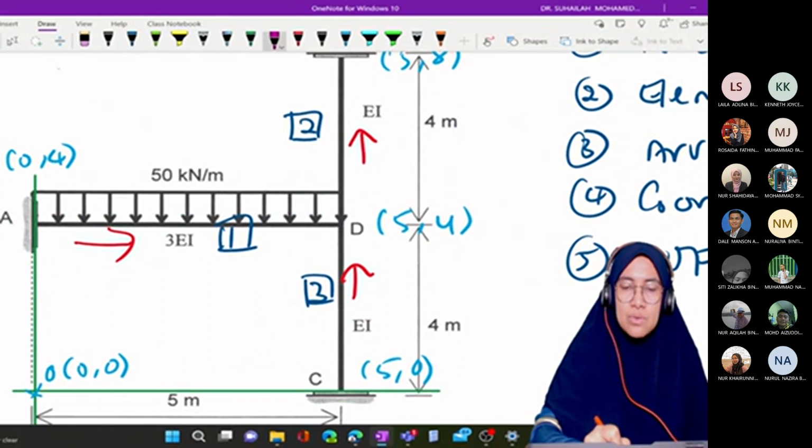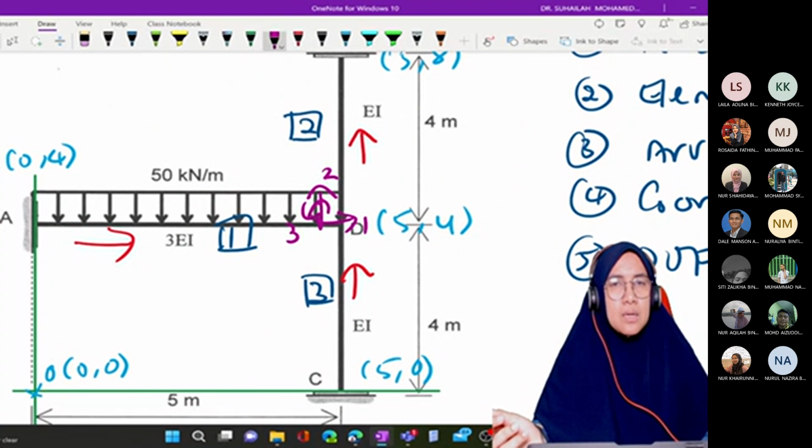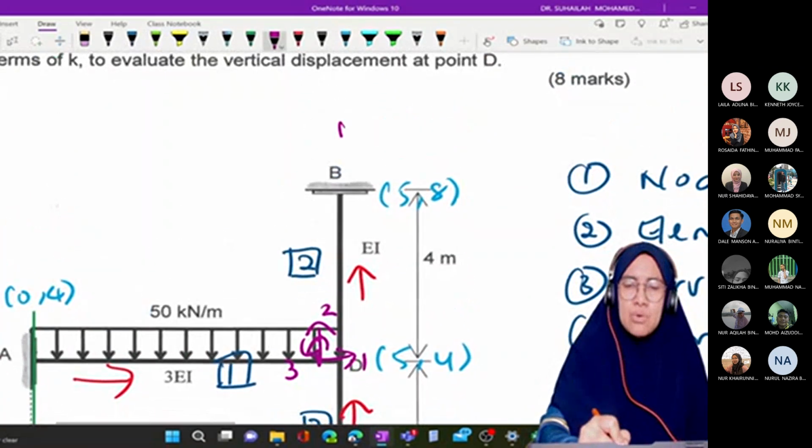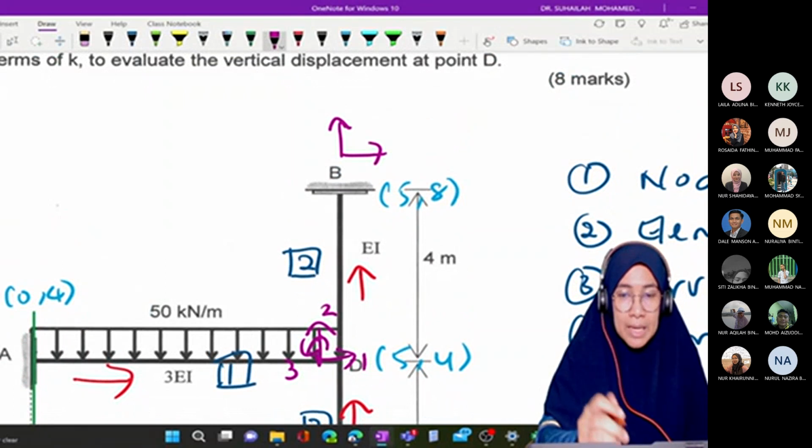D is unconstrained, so we label X, Y, Z as 1, 2, 3.